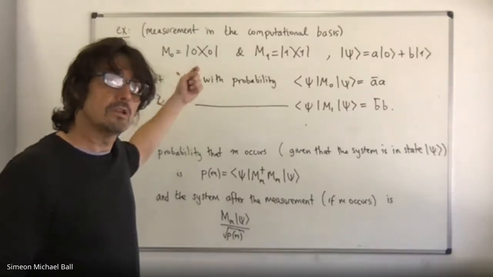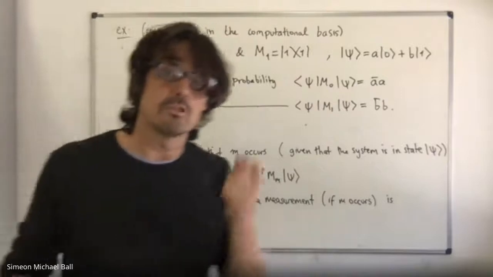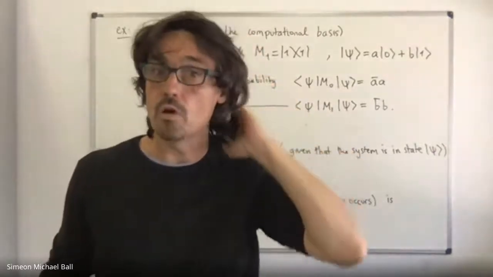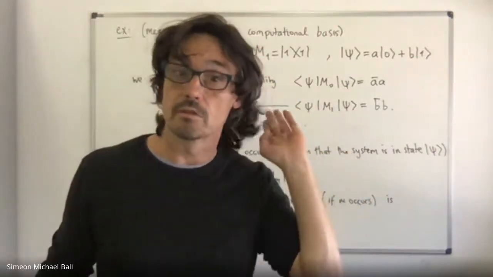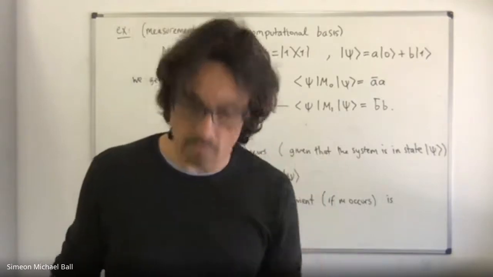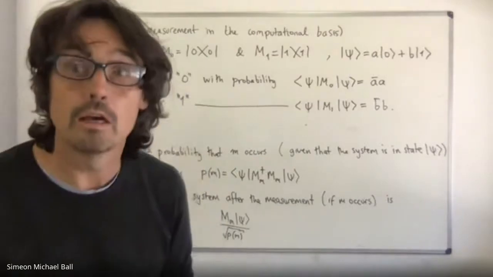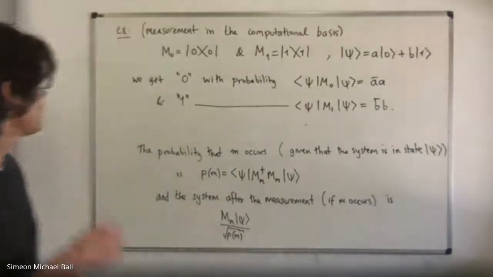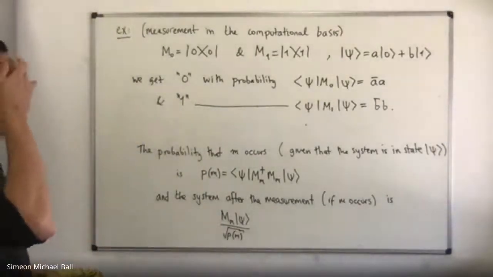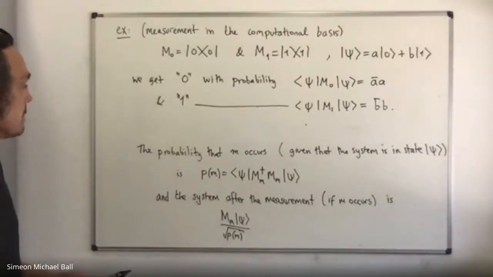Maybe for some reason this gives you what you are trying to find out about the system. I'll give you an example of that once I've talked a little bit more about the theory, so we'll probably start that after we've done the exercises.